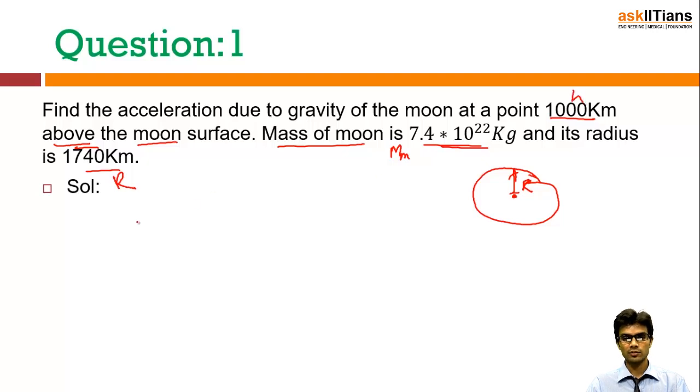Okay, so now we have to find the acceleration due to gravity. So g is equal to G times the mass of moon times any mass m, divided by R plus h whole square, where h is equal to 1000 km.